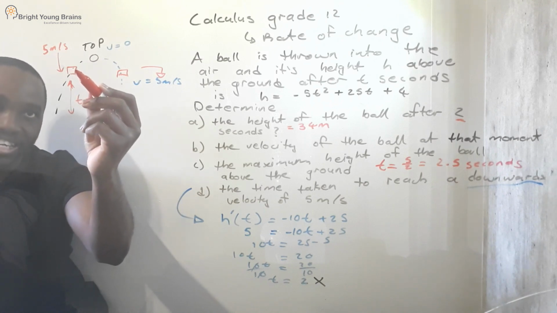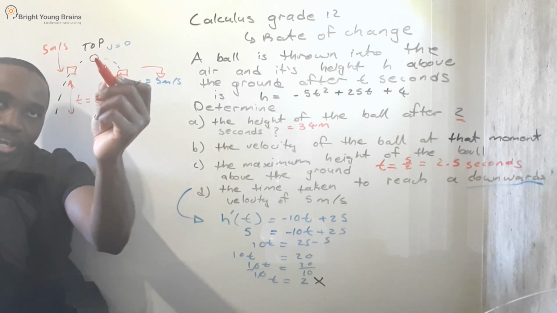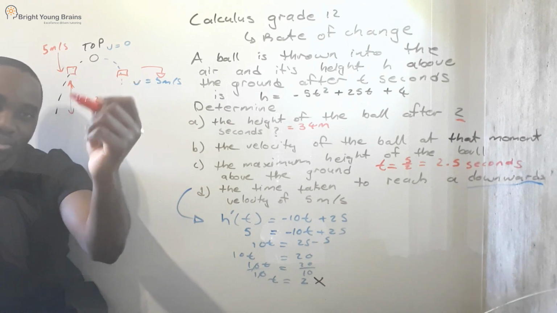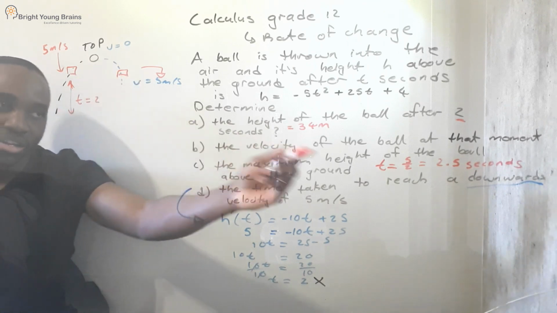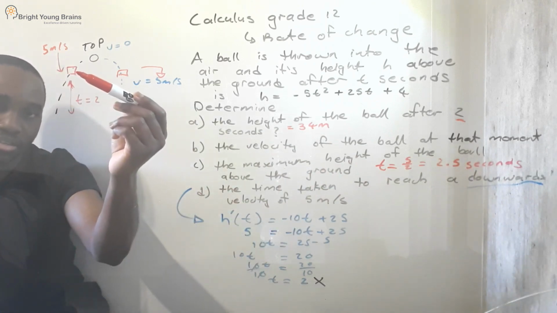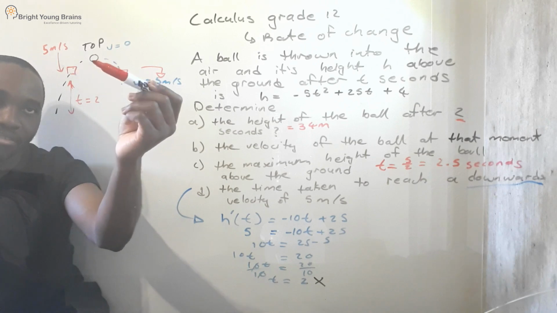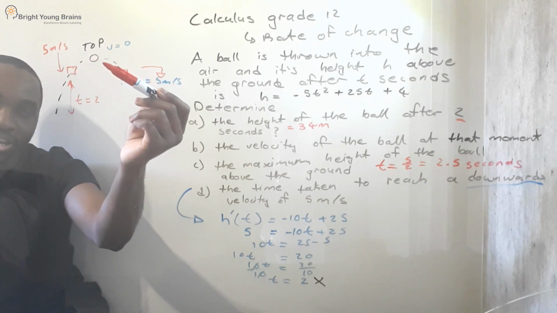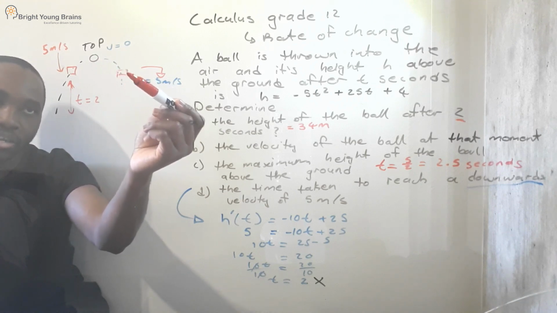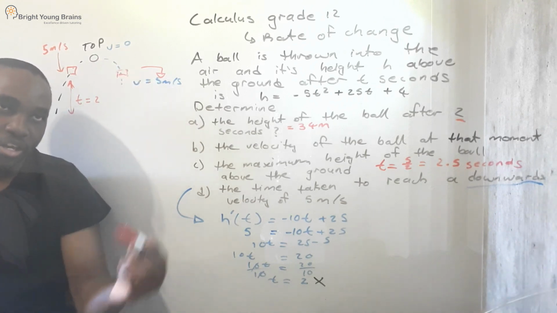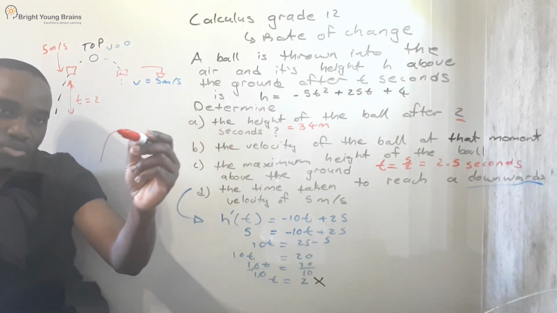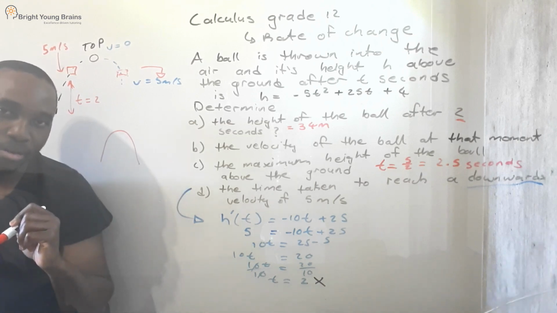And then technically, between 2 seconds and when it reached the top, that was roughly half a second, because we know that from the bottom to the top, that's 2.5 seconds. So 2 seconds to reach 5 meters per second, and then half a second for it to reach the top. Now, half a second later, it is going to be at 5 meters per second again, because with a scenario like this, when you throw a ball up, you almost want to just remember what a parabola looks like.